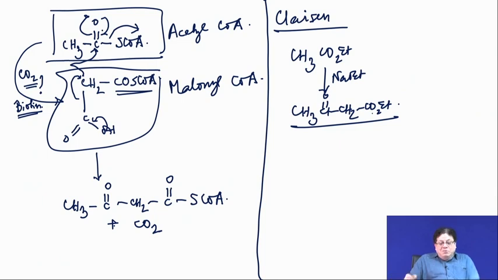Okay. So, what is the mechanism? One molecule forms the anion and attacks the other molecule. Now, nature's way of making the anion here is not sodium ethoxide. Nature does not have sodium ethoxide. In fact, this is an unstable compound. Any moisture will kill the sodium ethoxide, and these reactions after all are taking place in water medium.